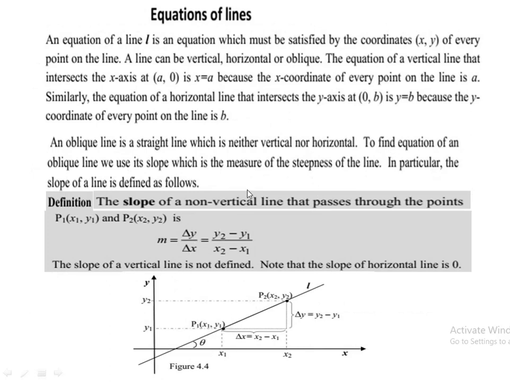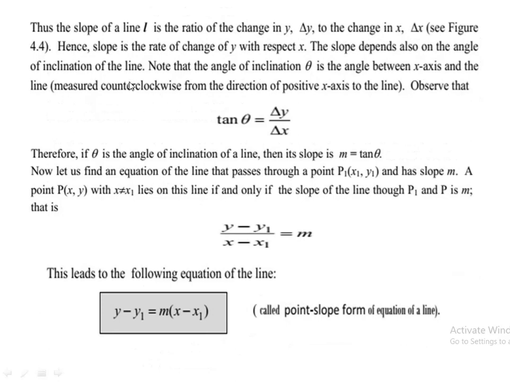Hence the slope is simply the rate of change of y with respect to x. In other words, the slope is the first derivative of the given function, which we will see later in calculus.